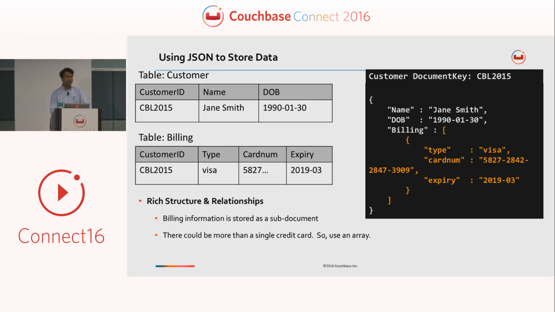So billing, right? If there is a one-to-one relationship between the customer and the billing, that means each customer can only have one billing information, then you can have a simple object to represent it. But typically, each customer has more than one billing information, so that's when you want to model this as an array.